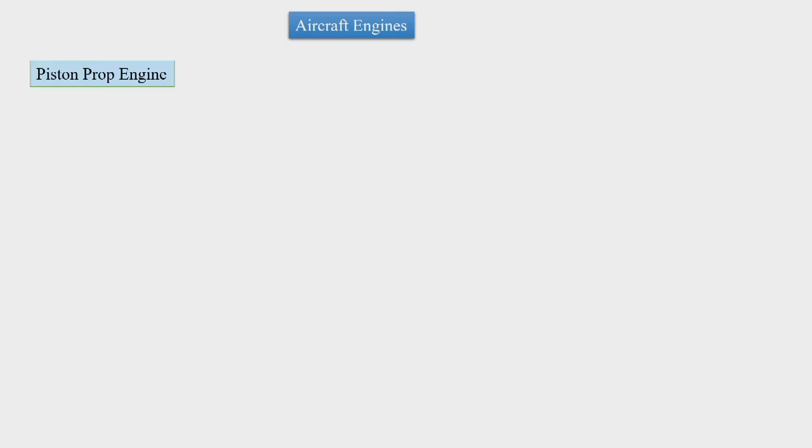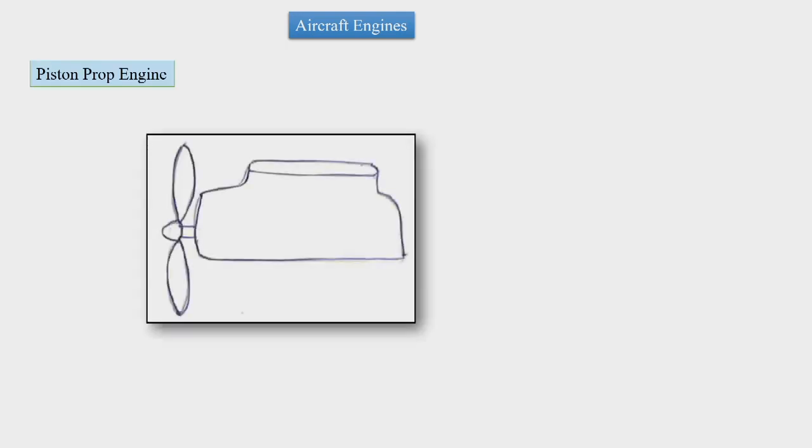The aircraft engines, first is the piston prop engine, where this engine has the piston engine, which is our automobile engine, and this automobile engine is connected with a propeller, and the motion of the propeller would be governed by the engine, and then we have basically thrust generated due to the motion of the propeller.